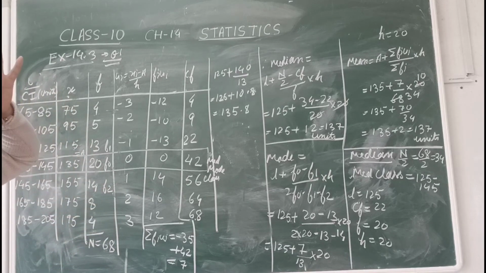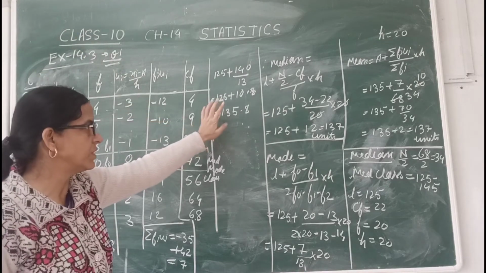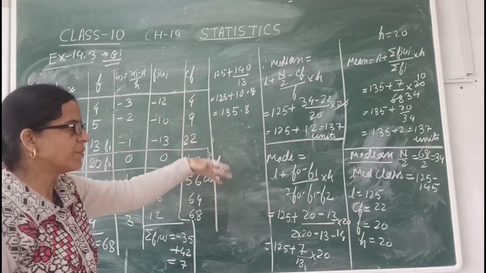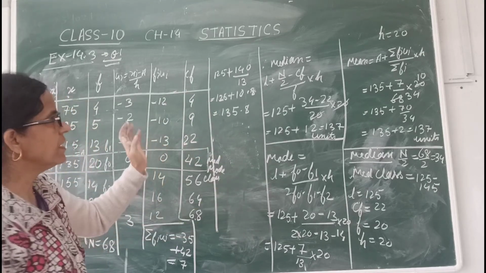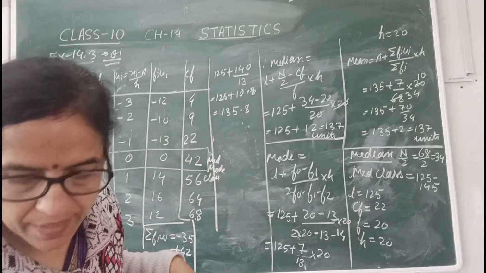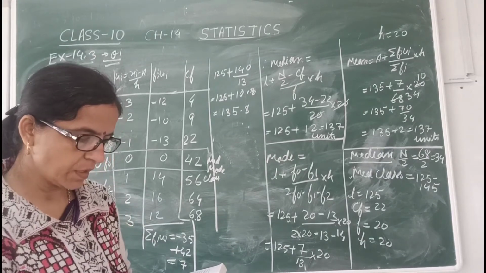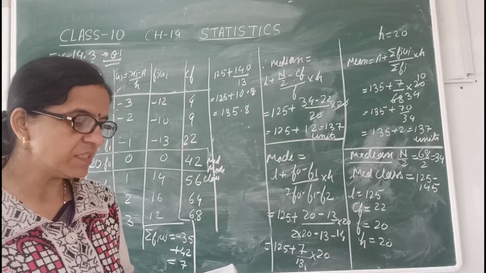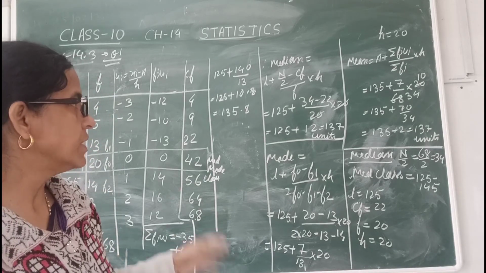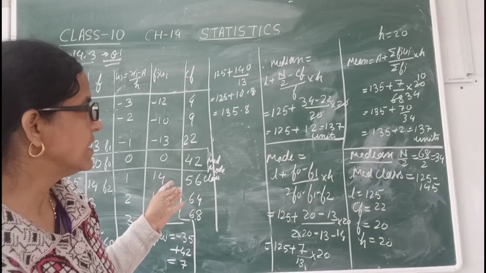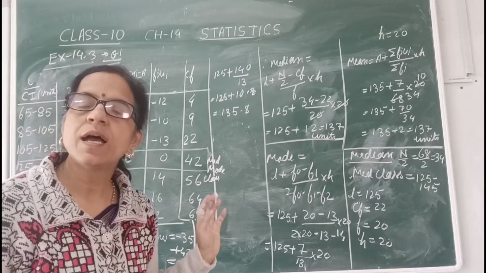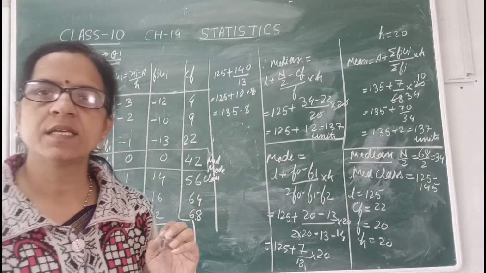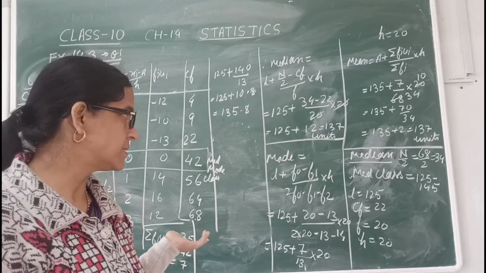The other values are coming as 137. So approximately we can say that they are equal. The question is saying to compare the values of mean, median and mode. So in that question we will be writing here, we can see that the values of mean, median and mode are approximately equal. And this is the solution.